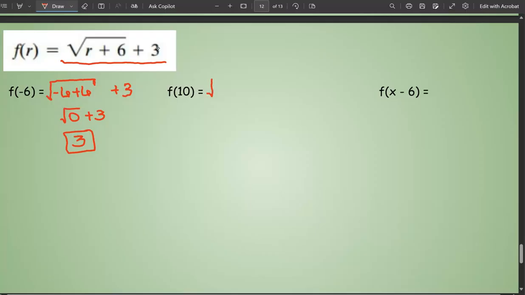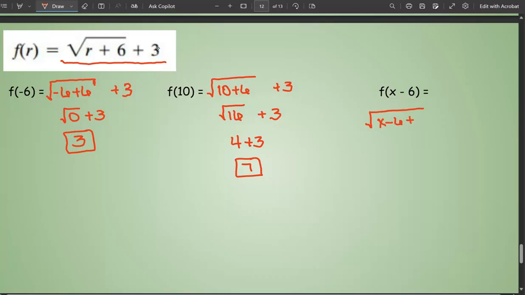If we do 10, we do square root of 10 plus 6 plus 3, which is the square root of 16 plus 3. And the square root of 16 is 4, plus 3, which is 7. Here we're going to have the square root of x minus 6 plus 6, plus 3. That looks like it gives me the square root of x plus 3.